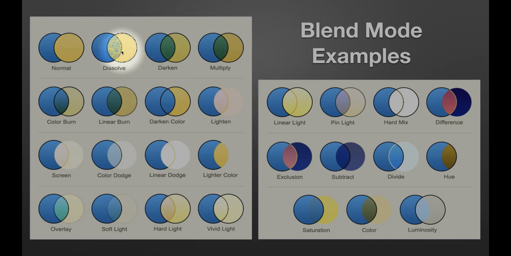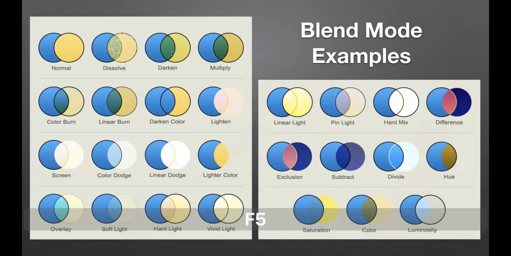Dissolve gets you this sort of, well, dissolved one. Darken gets me whatever is the darker pixel between each layer. Multiply is basically like in the old days, if you held two slide transparencies together, one in front of the other, and you looked through them, that's what multiply is like. It kind of lets it pass through.